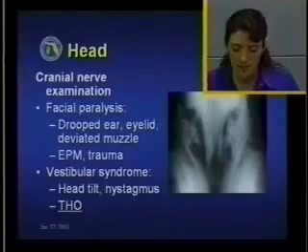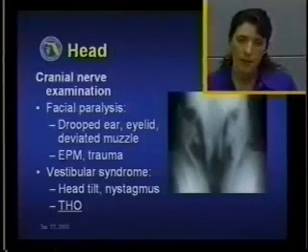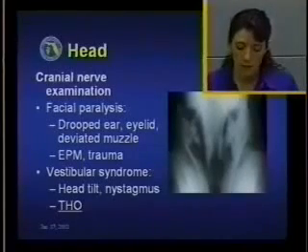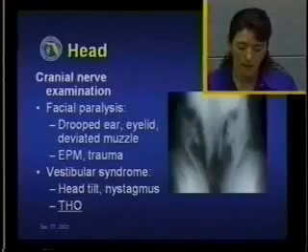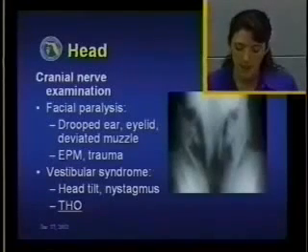And in many cases, cranial nerves 7 and 8 will be affected equally. So it's not uncommon to see this syndrome associated with the drooped ear and eyelid that we saw previously.